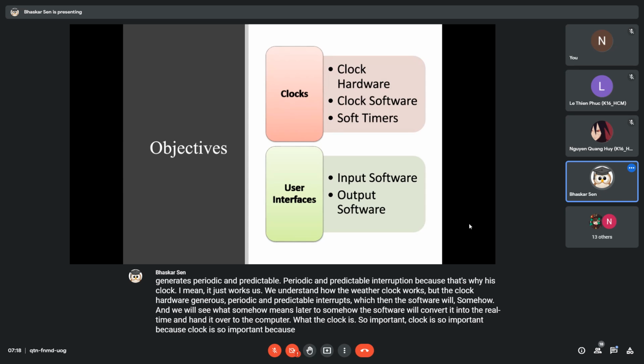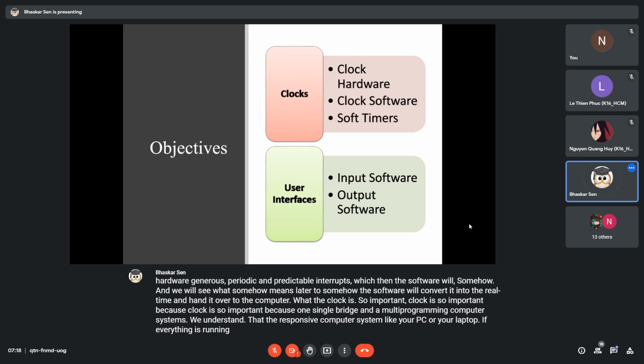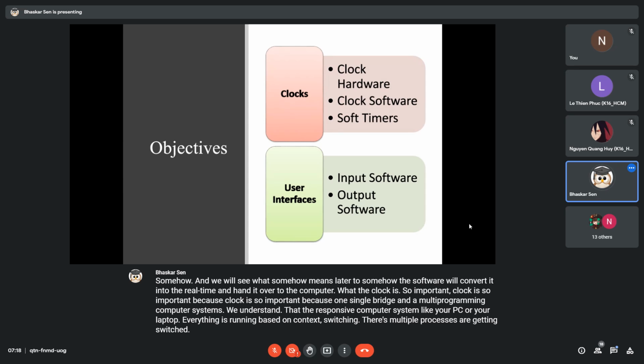of one single reason. In multi-programming computer systems, we understand that a responsive computer system like your PC or your laptop is running based on context switching. These multiple processes are getting switched on the CPU.